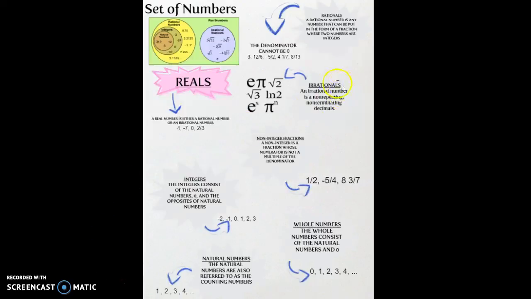There are more examples of what irrational numbers and rational numbers are. It gives another diagram for you to see what natural numbers, integers, rational numbers, real numbers, and irrationals are. So if you need to, take a few minutes and look at this and become familiar with rational, irrational, whole numbers, natural numbers, and integers.